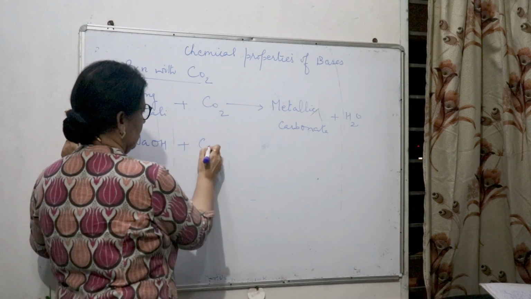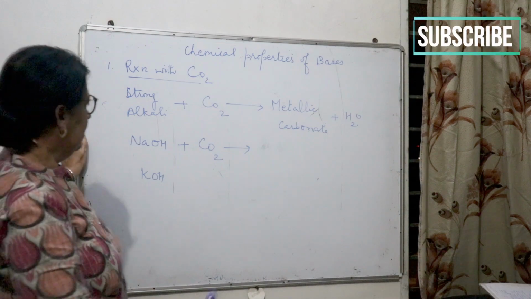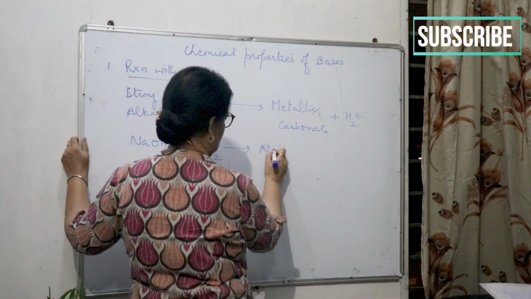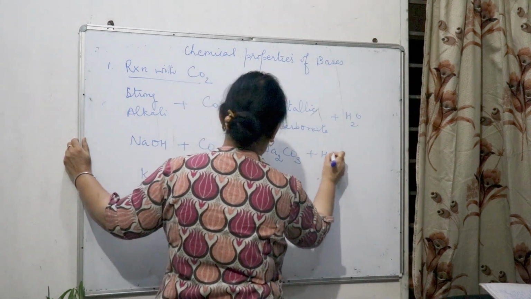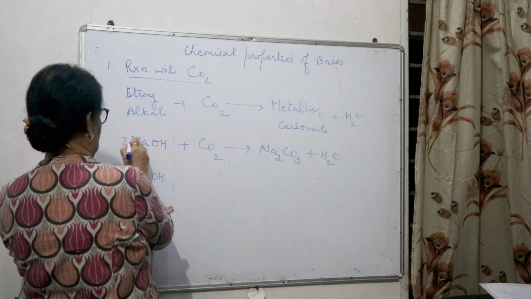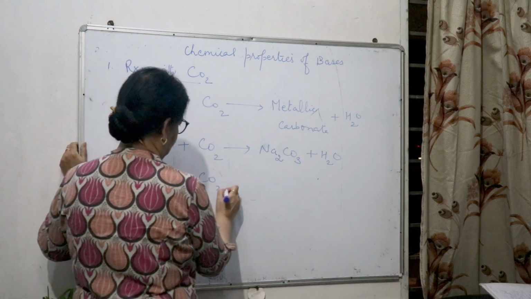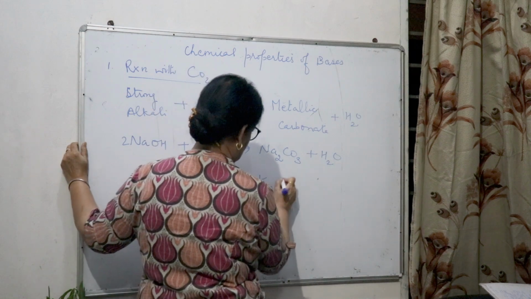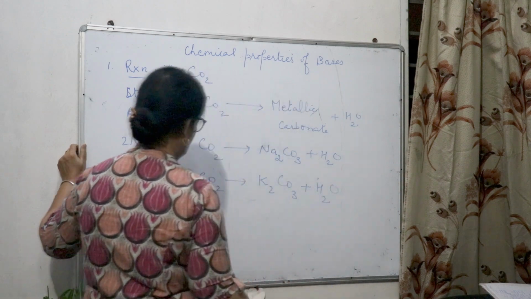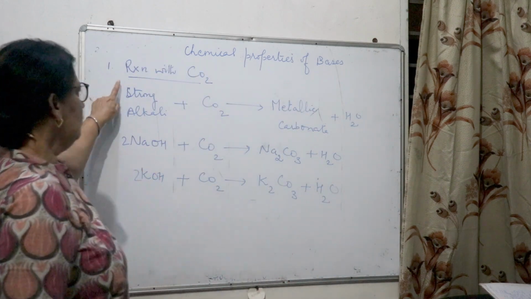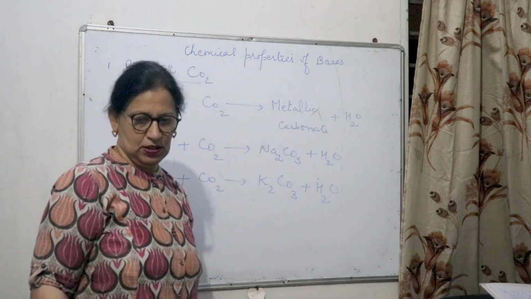When they react with carbon dioxide, they give metallic carbonate, that is sodium carbonate plus water, and potassium carbonate plus water. So when strong alkalis react with carbon dioxide, they give metallic carbonates plus water.